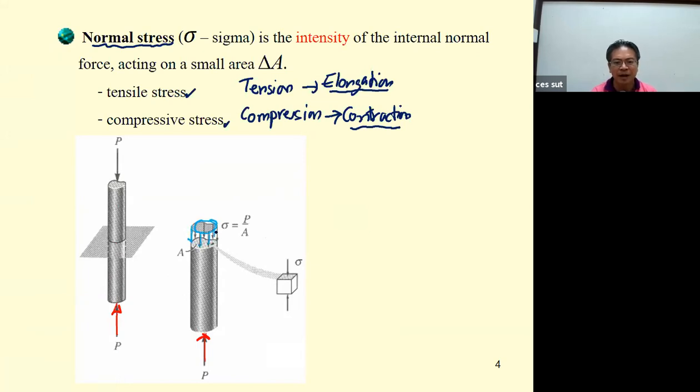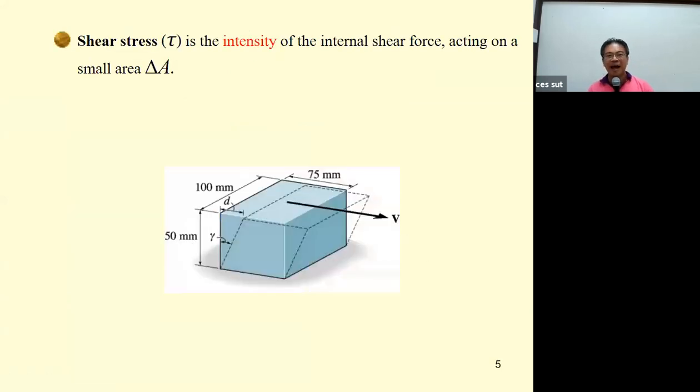that are uniformly distributed across this section, and the equation you use is the internal force divided by the area. That's a simple equation. And then another one is the shear stress. Shear stress is due to the shear force. The shear force is parallel to the section of the member.